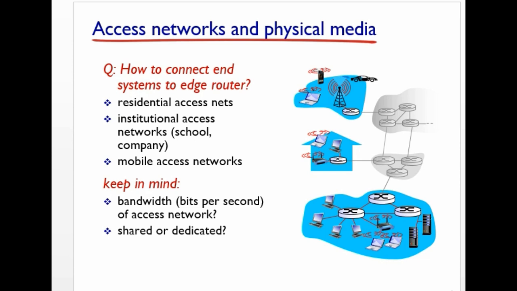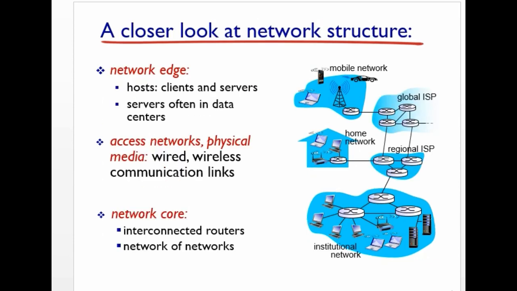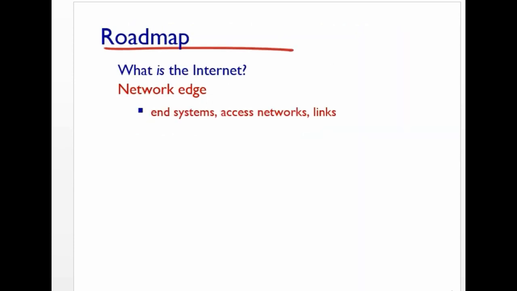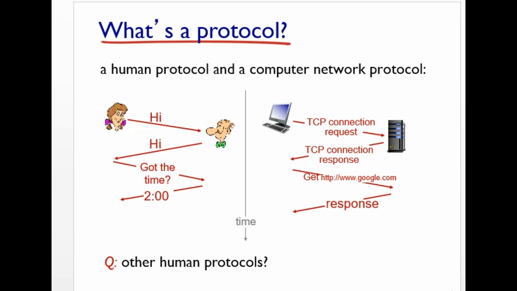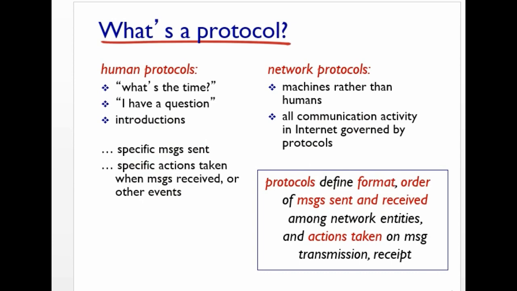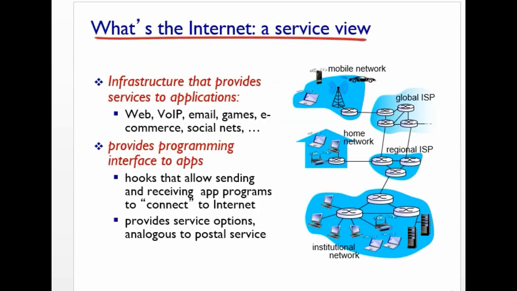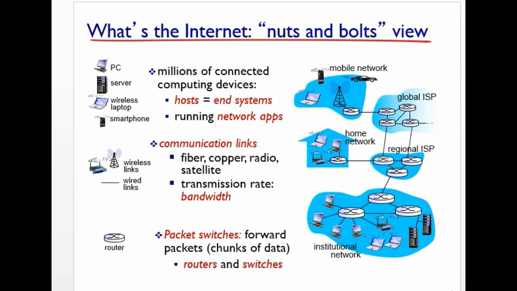If your medium is good, then your line will be good, your network will be good, and your transmission rate and speed will be good. Then we talked about the network edges, wireless and wired technology, and we went over internet protocols: what protocols are, what human protocols are, and the difference between human protocols and computer protocols. This is the brief overview of computer networks and how they communicate with each other.